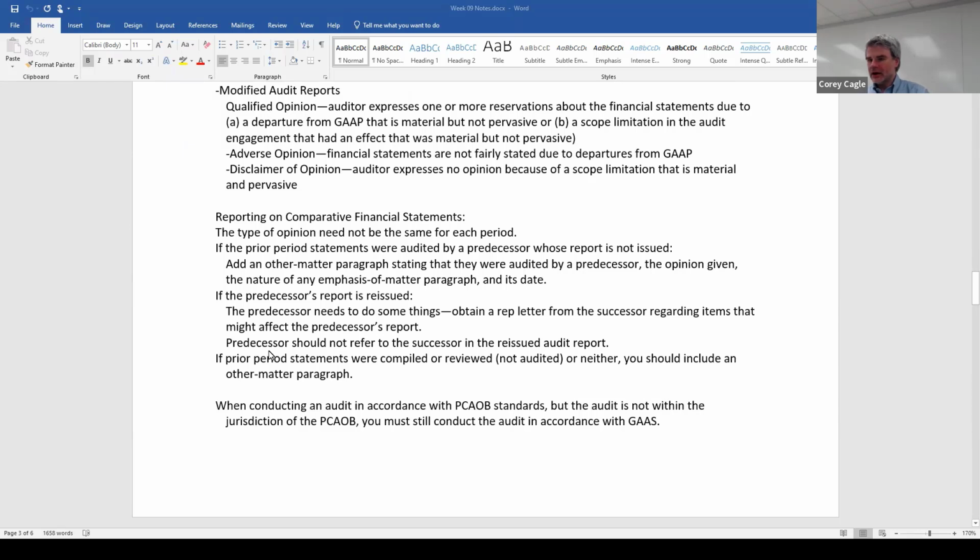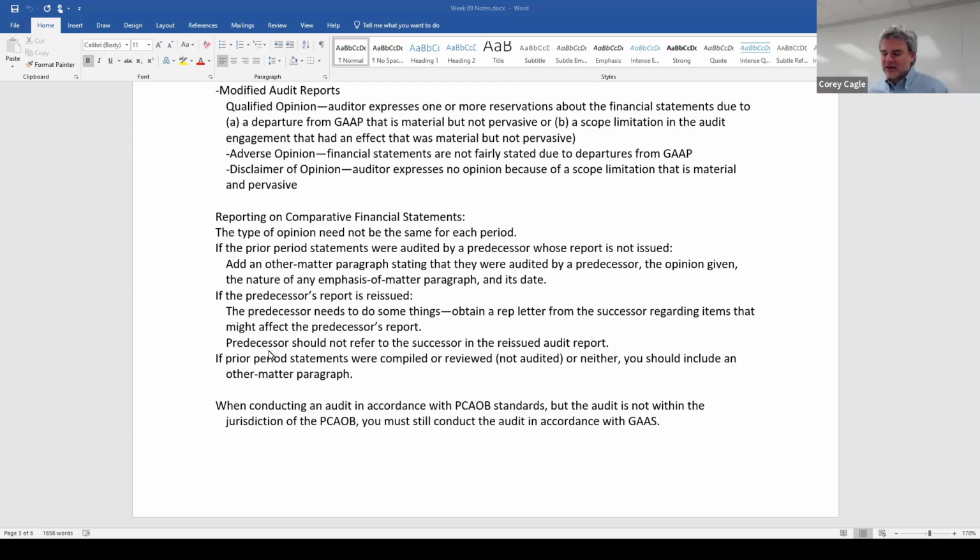But then they wrap the section up by talking about, most of our reports will be, we audited the financial statements for the years ended December 31st, 2021 and 2020. We've got comparative financial statements. So they wrap this section up with a few comments about comparative statements, the audit report covering multiple years. So the type of opinion doesn't have to be the same for each period.